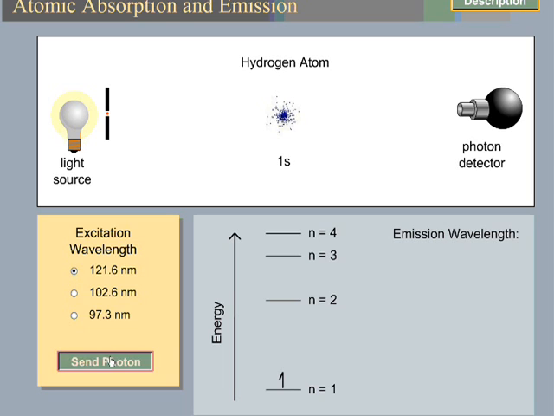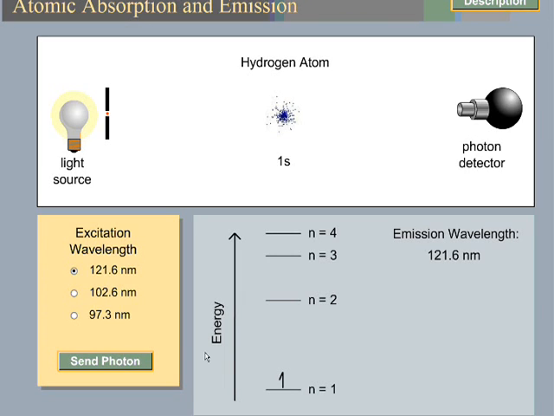And if I send the photon through, it hits the hydrogen atom. You see it alters the hydrogen atom. And then if you look at the picture down below, let me send it through again, you can see the electron jump up from the n equals 1 level up to the n equals 2 level.